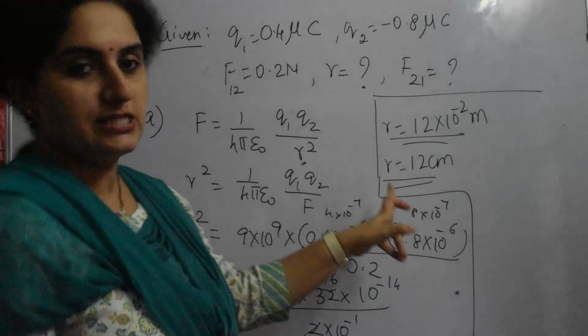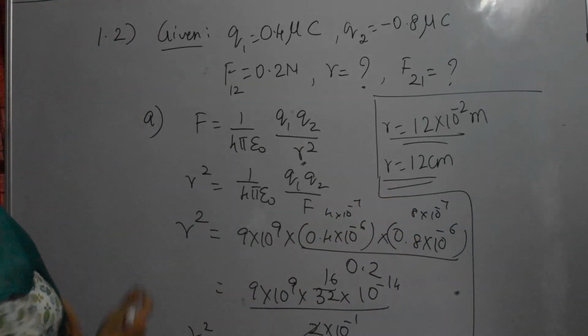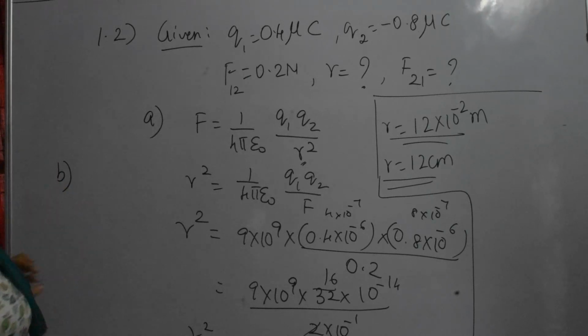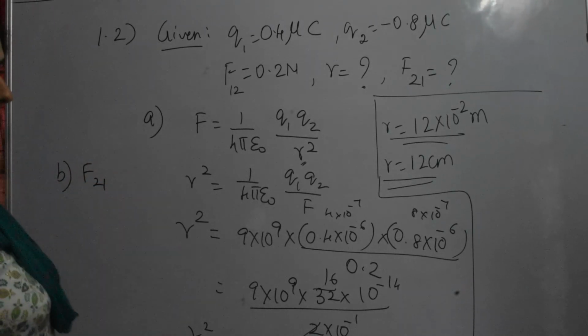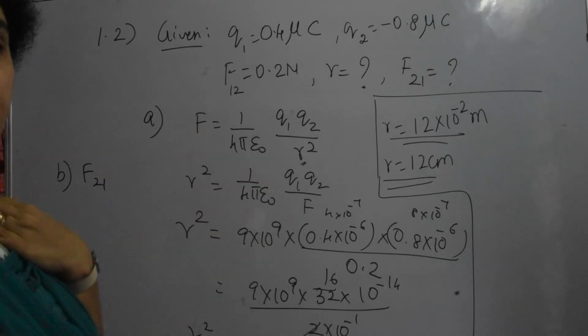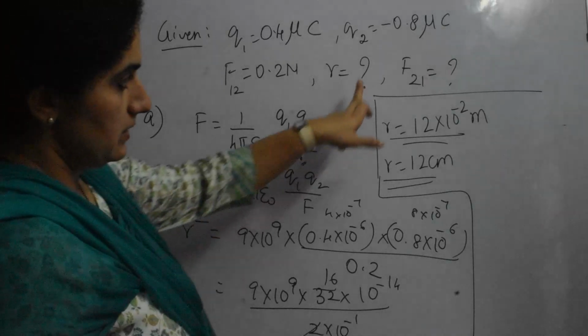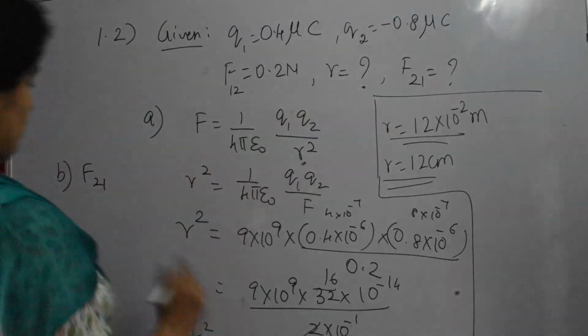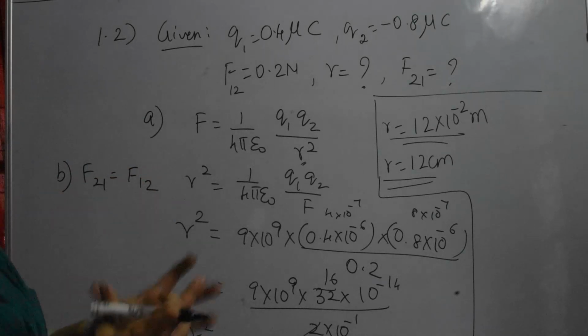So now this is the first part. Now what will be the second part? What will be part B? F21. F12 will be equal to minus F21, correct? But F12 and F21 both are equal and opposite.